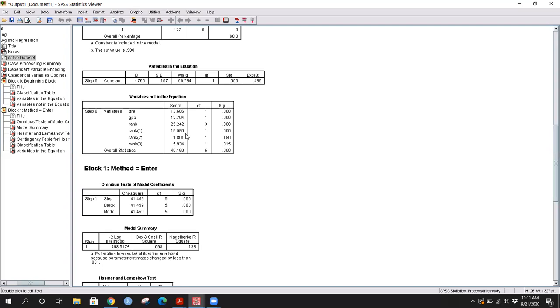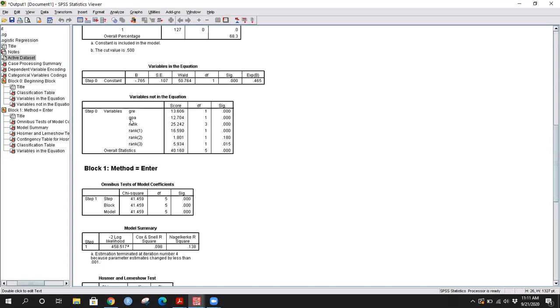Because the null hypothesis is so, we'll just check the p-values and see what happens. Since the p-value for the variable GRE is less than alpha, we are able to reject the null hypothesis. So we say that this variable GRE does contribute significantly in improving the fit of the model.